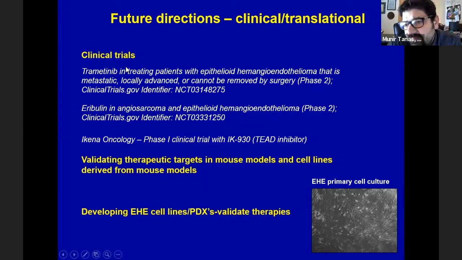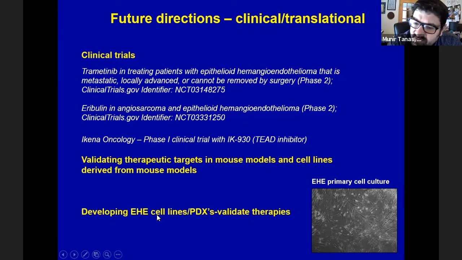We're going to see how trametinib, which is a MEK inhibitor, eribulin, a microtubule inhibitor, and then these really cutting-edge TEAD inhibitors, what kind of effect they'll have in EHE tumors in actual patients. And because we have these fantastic mouse models that have been developed, we'll be able to dissect in greater detail how these drugs are working. And I think that we'll get additional insight into EHE and further therapeutic approaches down the line.